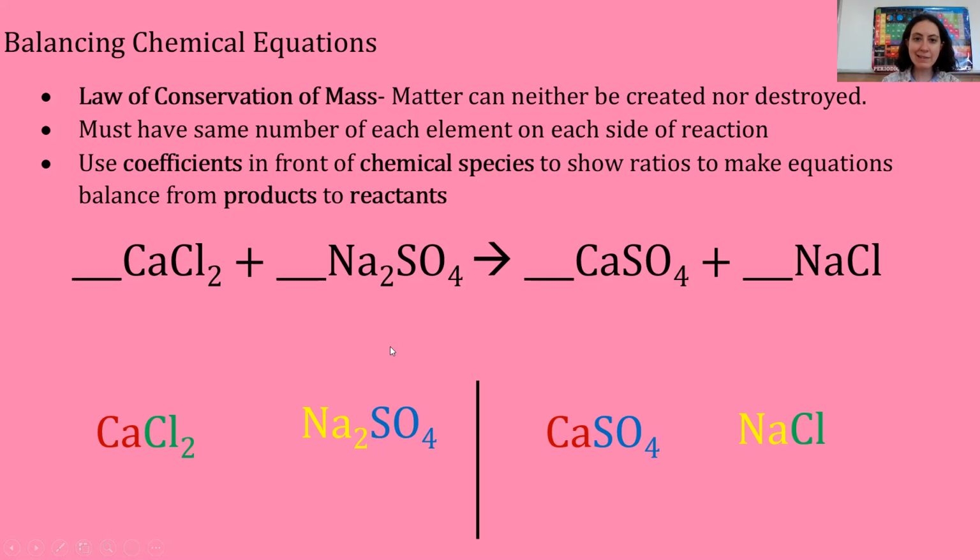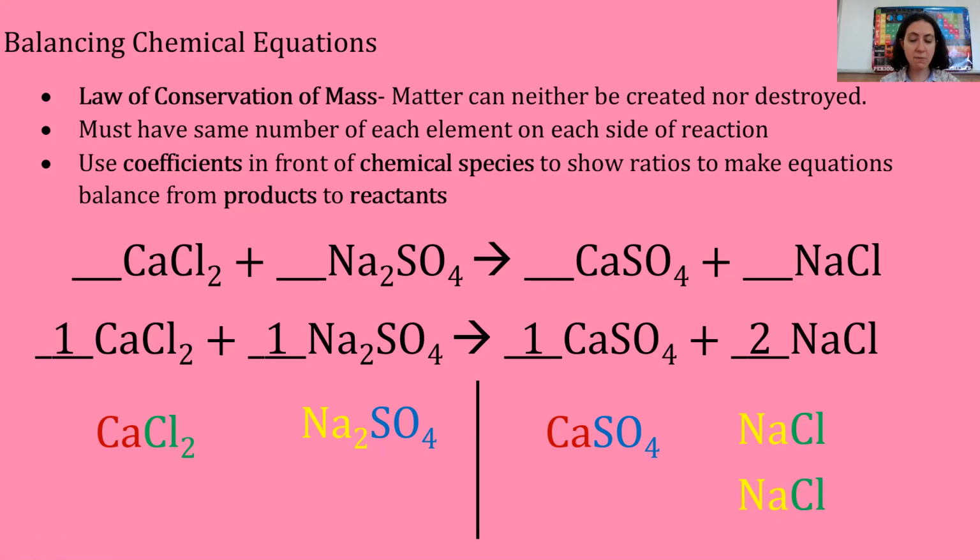So we can't change any of the species. They are what they are, but we can change the ratio. So if we add another sodium chloride, it looks like that should take care of the problem. So this is what the balanced chemical equation looks like. It shows 1 calcium chloride, 1 sodium sulfate, 1 calcium sulfate, and 2 sodium chlorides.